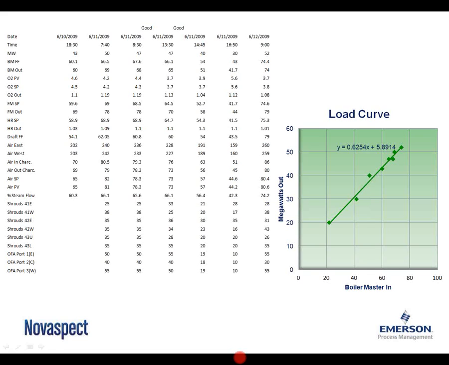You have to have some room for overfiring. Boilers typically have a 110% guarantee. So you have to set that boiler master up accordingly, and that's why I use this chart on this page. As I'm collecting the data, I can get the line and see where my boiler master is going to reach full load steam flow. And then here's a data sheet that shows the collection of the O2 test data.